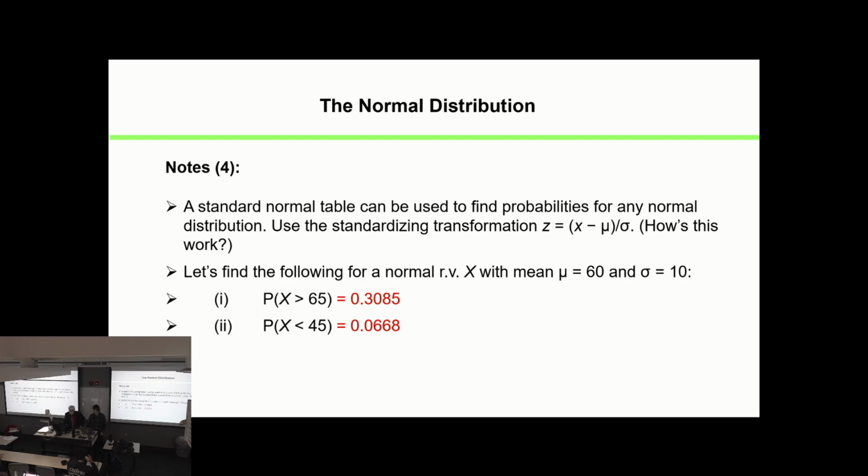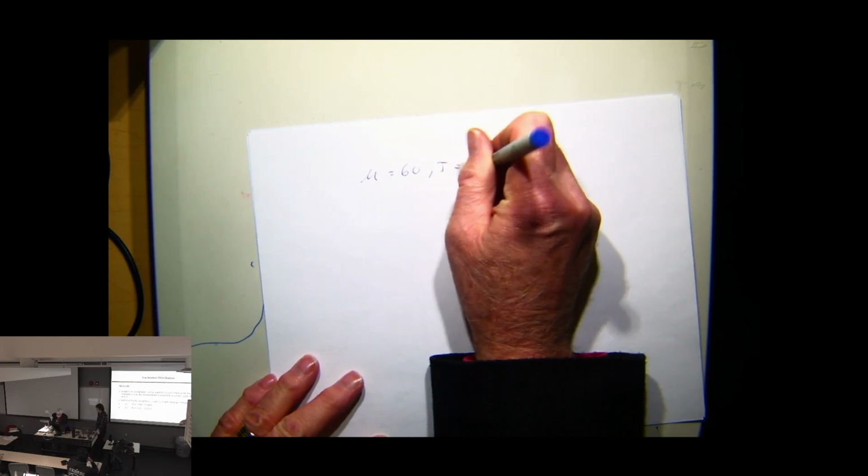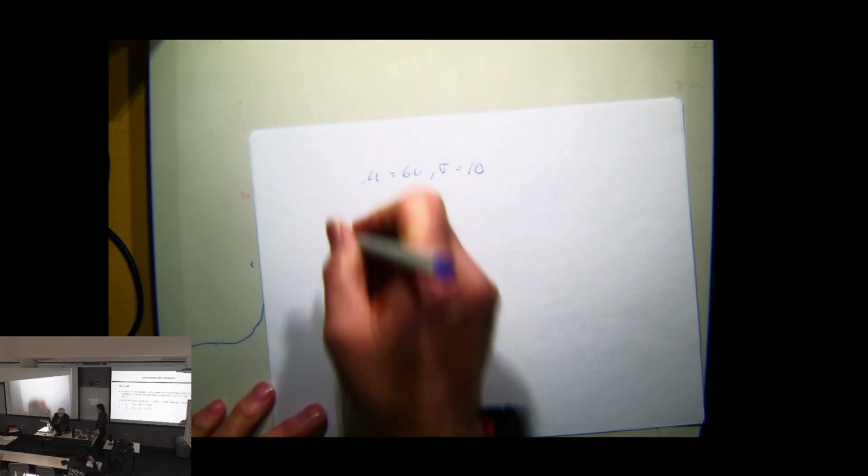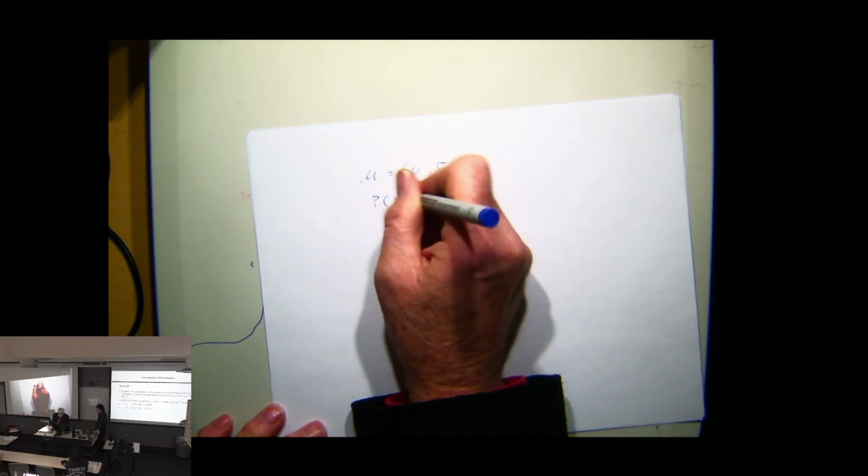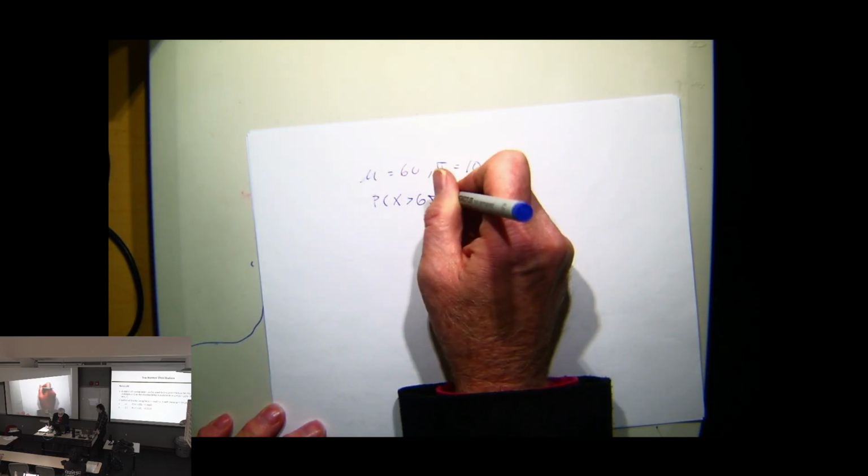We went through there, so we did a couple of questions here. This is what I wanted to get at. We did a couple here where we had one with a mean of 60 and standard deviation of 10. This is not something you've got to write down, but I need to write it down so I remember what I had on my slide.